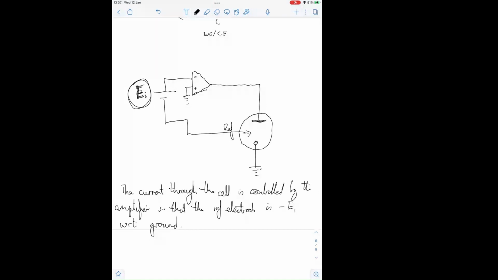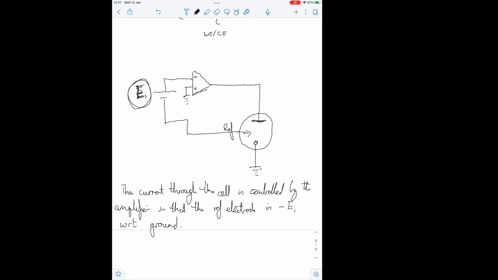The other really interesting point about this is how control works. Most of us think when we're doing potentiostatic measurements that we're controlling the potential, and that's what we tell our software to do. If we're doing potentiostatic, I'm not going to do galvanostatic today, we tell our software to sweep the potential and measure the current in a cyclic voltammogram.